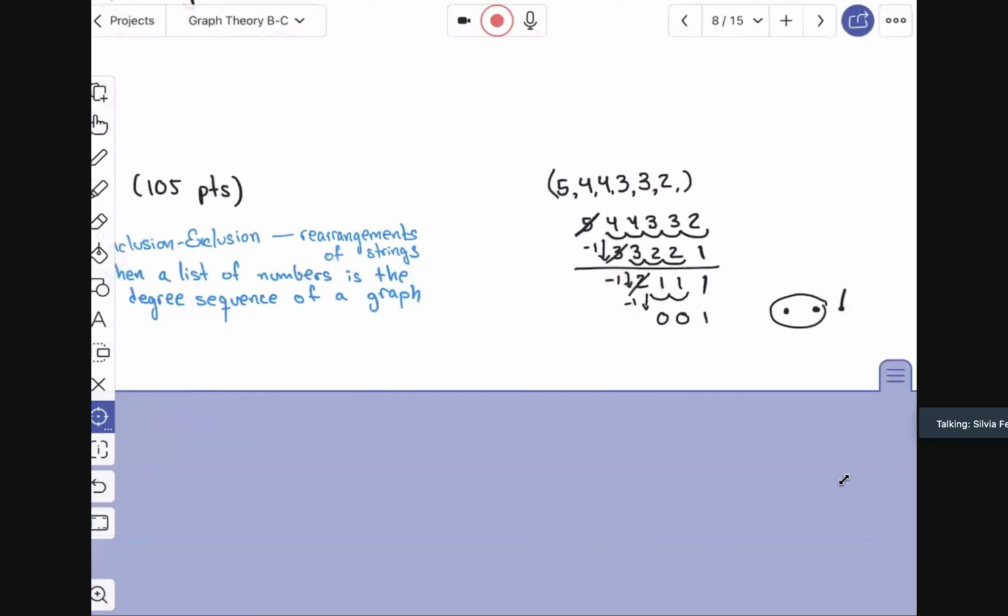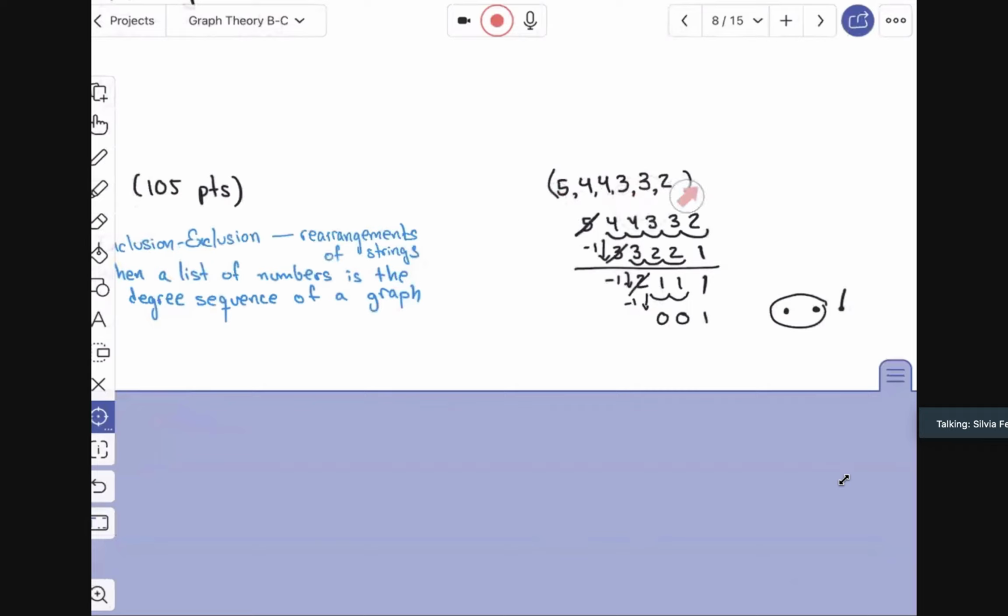So, for example, in this case, I could have said from the very beginning, remember, there are certain things that you can check. Like here, I know that the sum of the degrees is off, or in other words, the number of odd numbers here is odd.